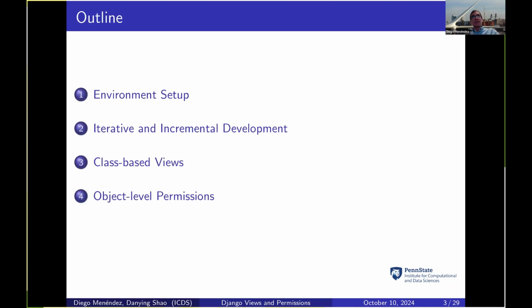So directly into the talk itself, or tutorial. The tutorial will be divided into 4 parts. The first one will be an environment setup. I hope you were able to install everything that was required, like Python, having access to a terminal, and Git itself, because we are going to work with Git a lot.